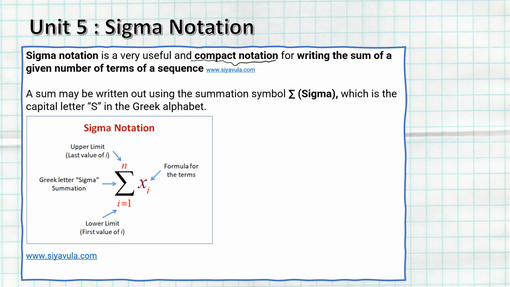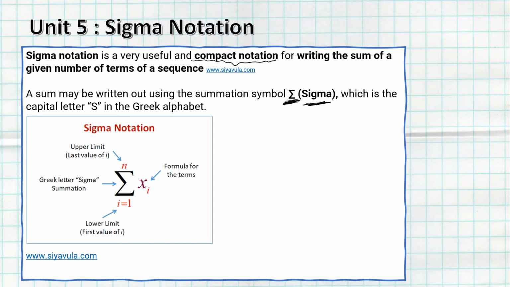In other words, it's a notation that summarizes something, that puts something that is long in a compact or summarized way for writing, and this is a notation for writing the sum of a given number of terms of a sequence. So the sum may be written out using the summation symbol. That is the symbol that we use, and it's called sigma, right?